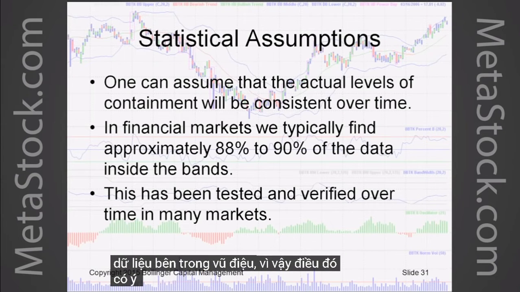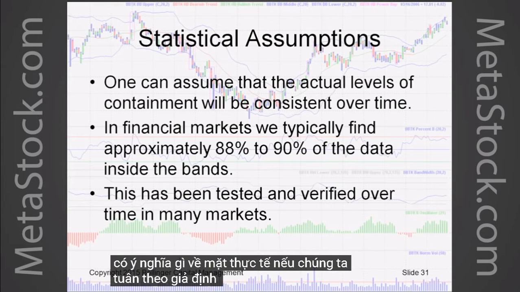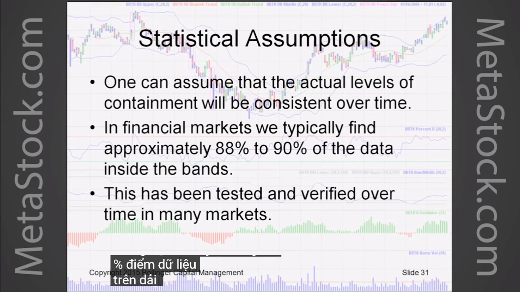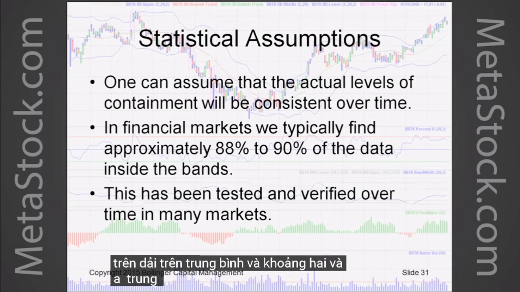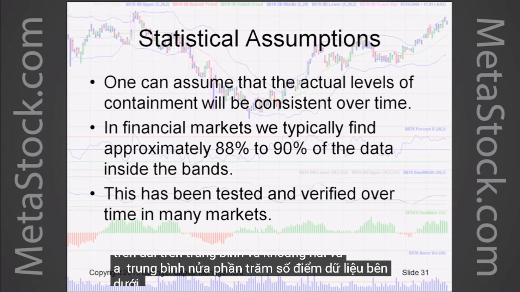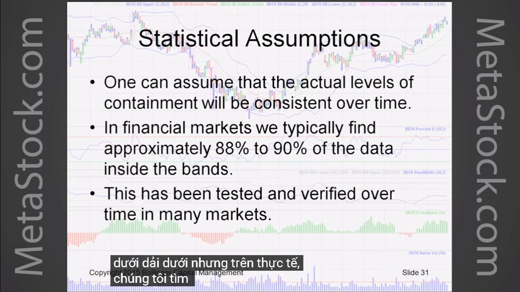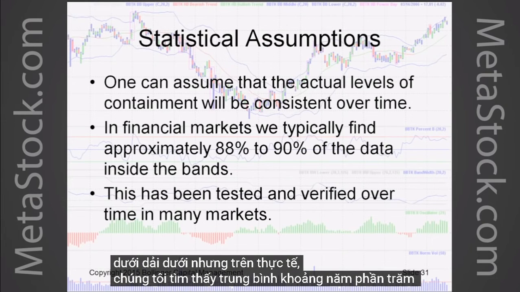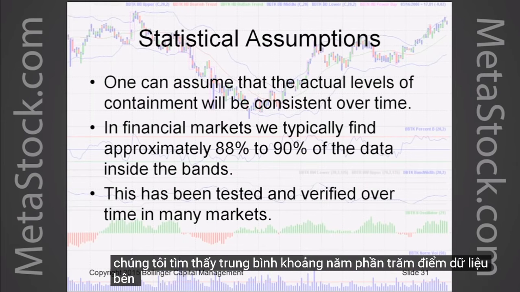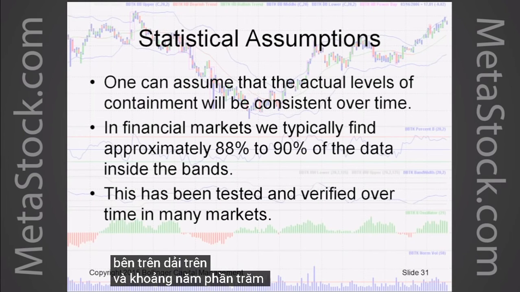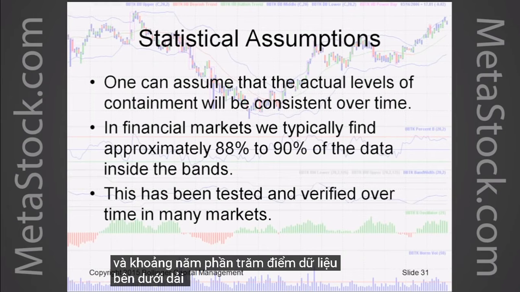So what does that mean in practical terms? Well, if we follow the standard assumption, we would expect to see about 2.5% of the data points above the upper band on average and about 2.5% of the data points below the lower band on average. But in reality, we find about 5% of the data points above the upper band on average and about 5% of the data points beneath the lower band on average.